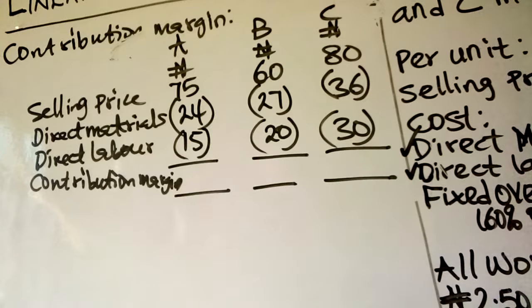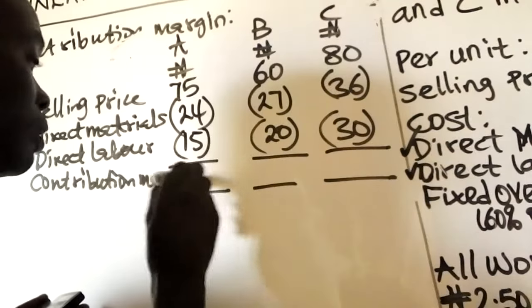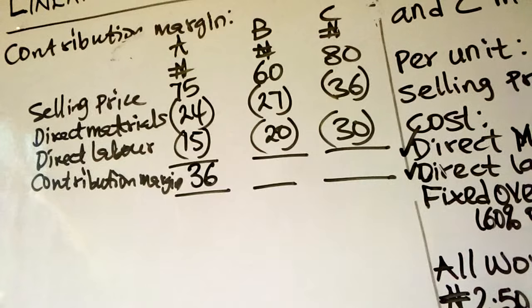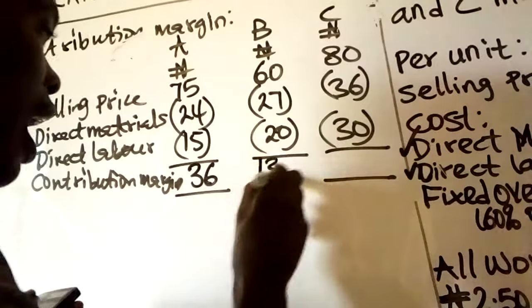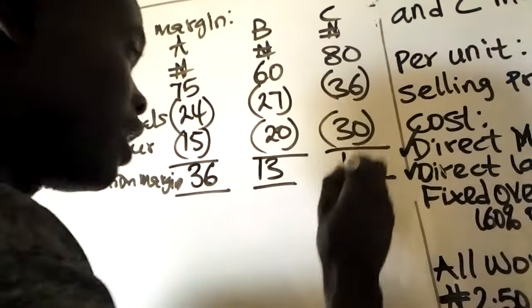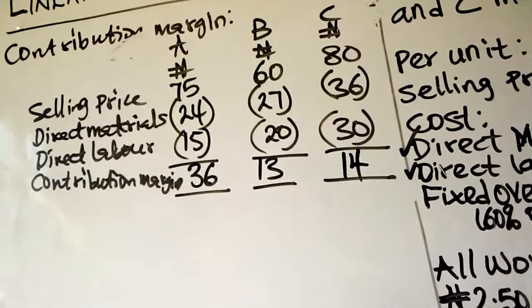Then we have 36 naira as the contribution margin from product A. For B, we have 60 minus 27 minus 20, and that will give us 13. And for C, you have 80 minus 36 minus 30. Then we have 14.